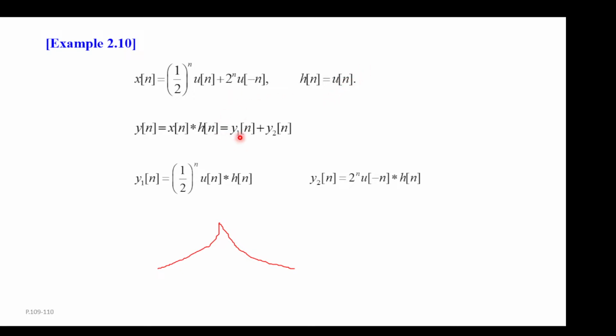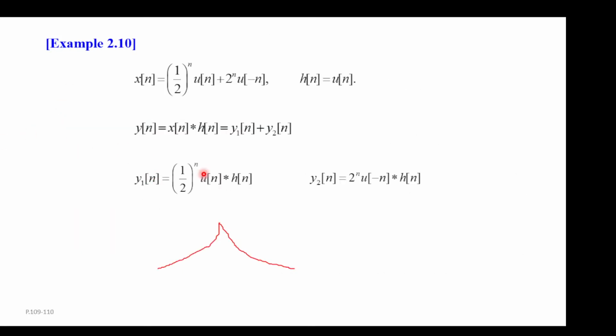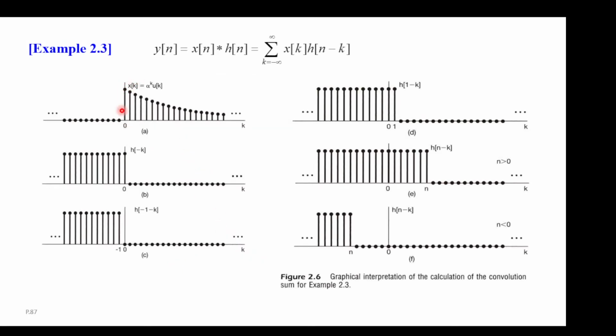So the output is y1 plus y2, y1 being the first part convoluted with h, and y2 being the second part convoluted with h. And so what are y1 and y2? We've already seen that, right? So y1 is this exponential decay with cutoff at n equals 0.